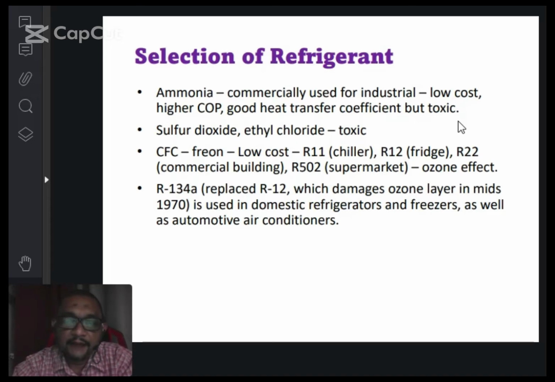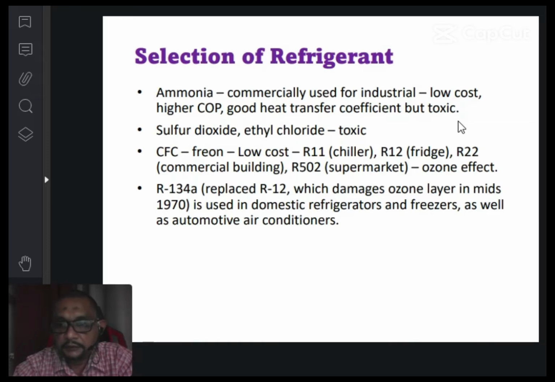And then CFC, fluorine, also low cost, and R11 has been used for chillers, R12 for fridges, R22 for commercial buildings, R502 has been used in supermarkets, and all these refrigerants will affect the ozone.